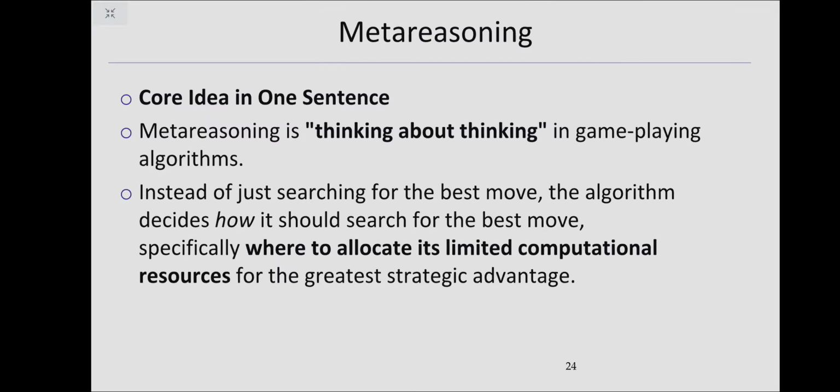Meta reasoning is very, very important in all kinds of algorithms in AI. In this paradigm, instead of searching for the best movement and finding the best action, the algorithm decides on the fundamental concept of how it should search for the best movement.